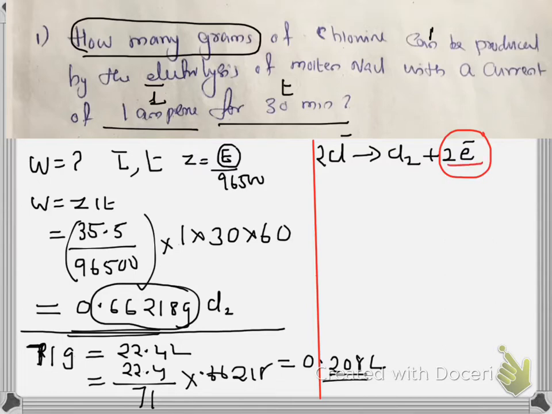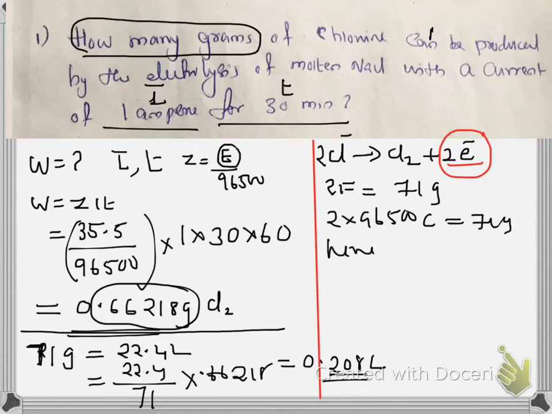This 2 electron indicates that 2 Faraday of electricity can deposit 71 gram, that is its molecular mass. 2 into 96500 coulomb can deposit 71 gram.